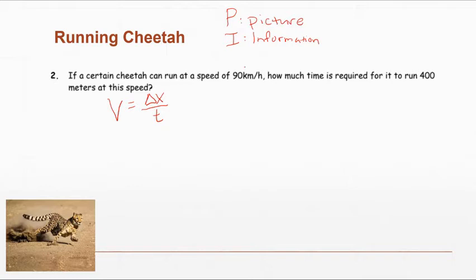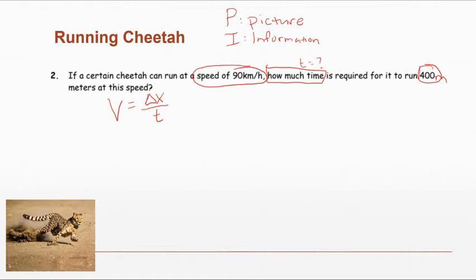So we have the speed of 90 kilometers per hour, and you're looking for how much time. I like to box what I'm looking for because time is my question mark. And then we have 400 meters. I'm going to write meters here just so I don't forget, even though it's right next to it, okay?